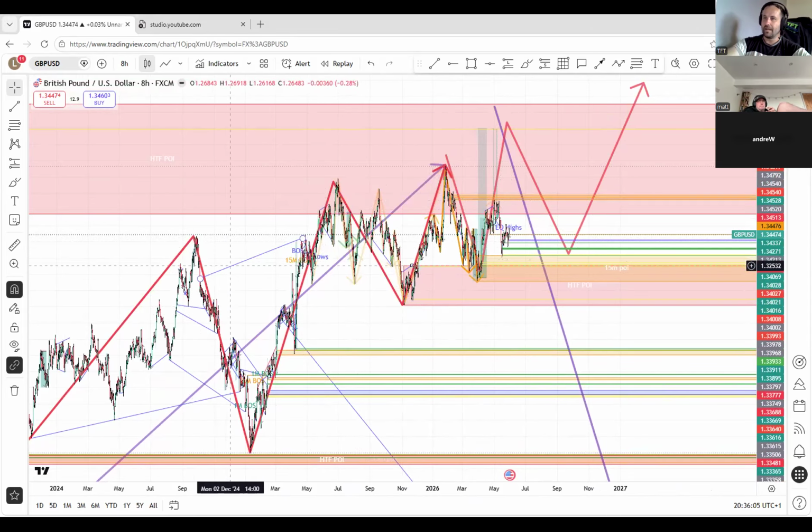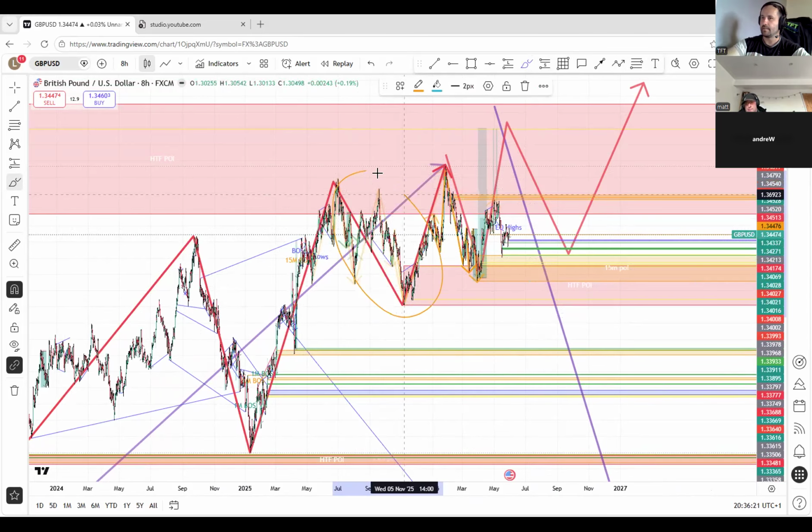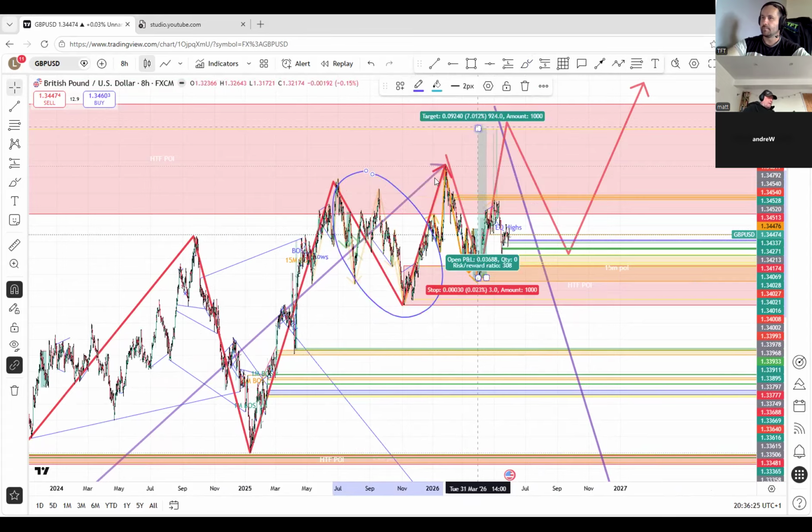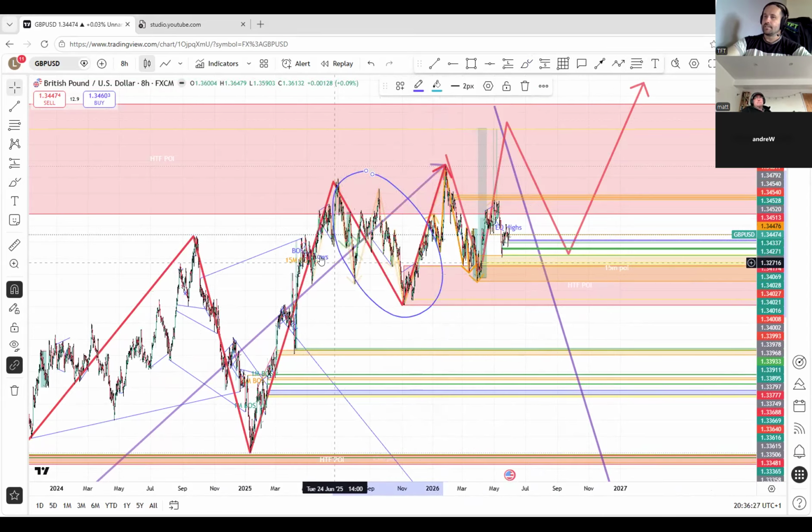So this pullback here, let me circle it in blue, because that's a mess. This leg here being the pullback, possibly, let me turn it blue. It does meet the rules for a 4 hour pullback.